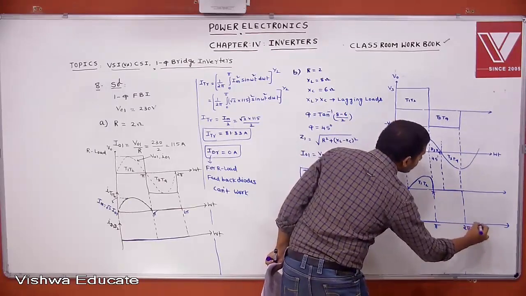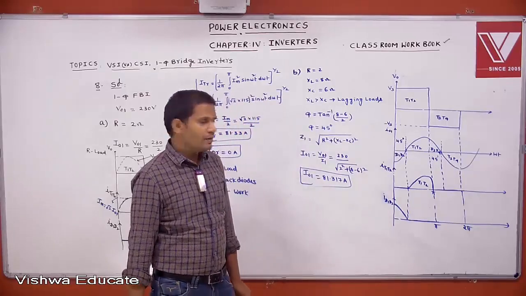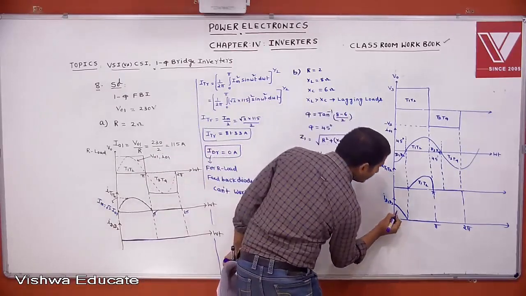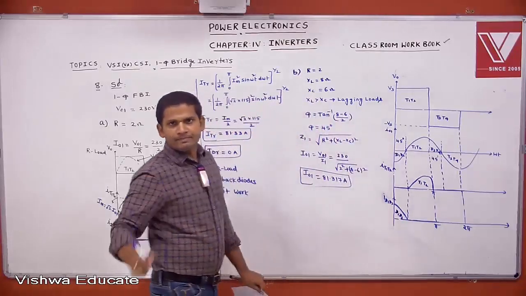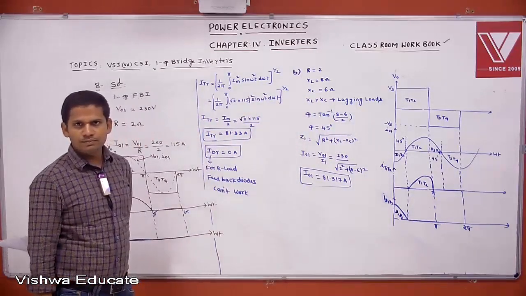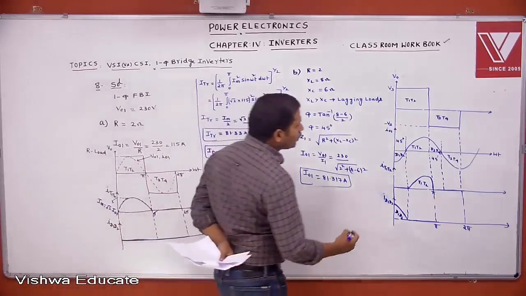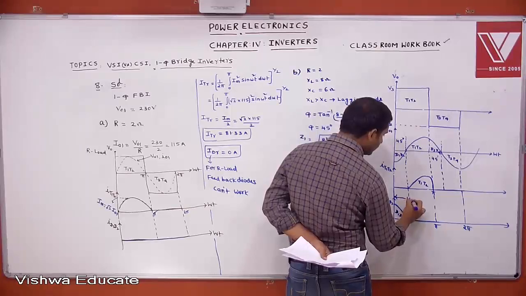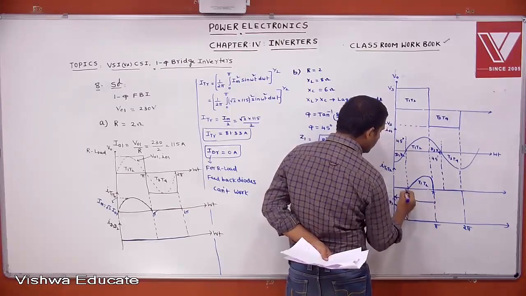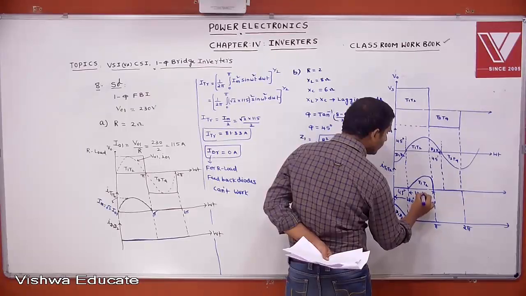This is 2 pi. In one cycle. Okay. This is which device is conducting? D1, D2. It's clear? Tell. This total is 180 degrees. This is 45 degrees. Then this is how much? 135 degrees.